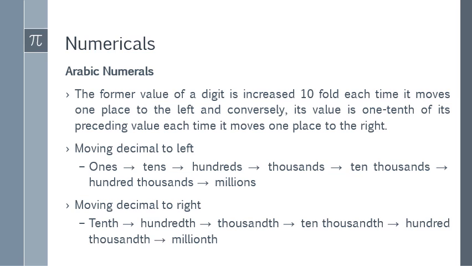Like moving the decimal to the left, it will be ones, tens, hundreds, thousands, 10,000s, 100,000s, and millions. While moving the decimal to the right, it will be tenth, hundredth, thousandth, 10,000s, 100,000s, and millionth part.